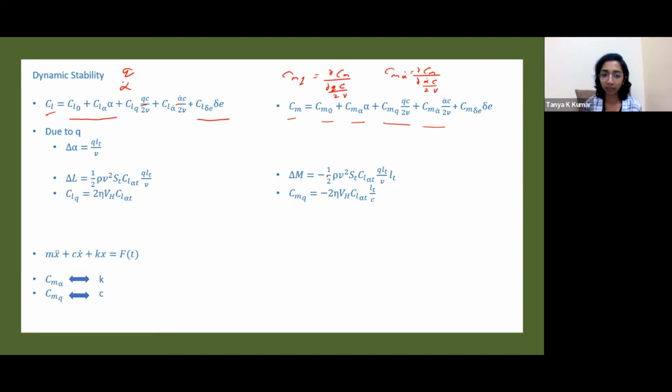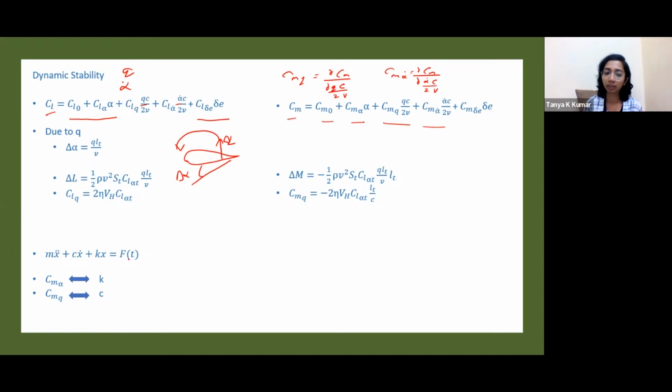It has a negative sign because it is producing a pitch down, a nose down moment. If this is your tail and it is subject to a positive delta alpha, it produces a positive change in lift delta L, and a pitch down moment, which is why you have a negative sign. Their non-dimensional terms also have similar signs. They are derived according to how we had derived in the previous cases.